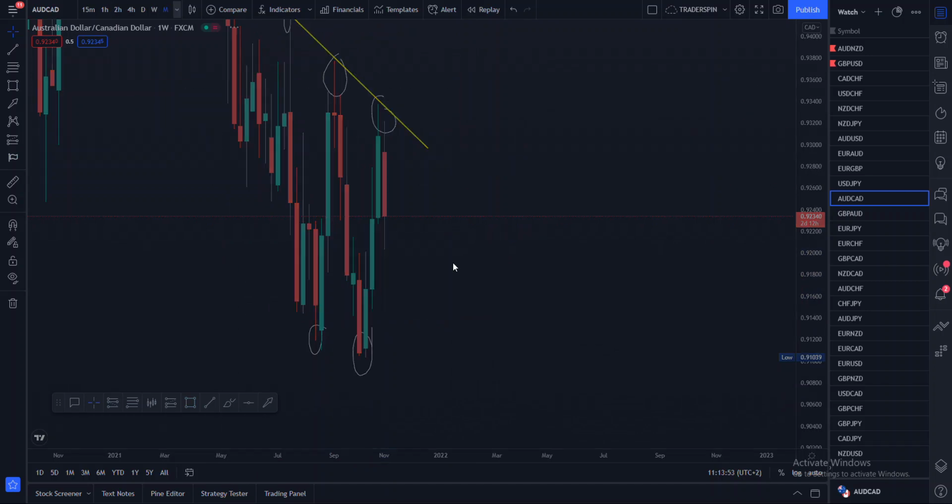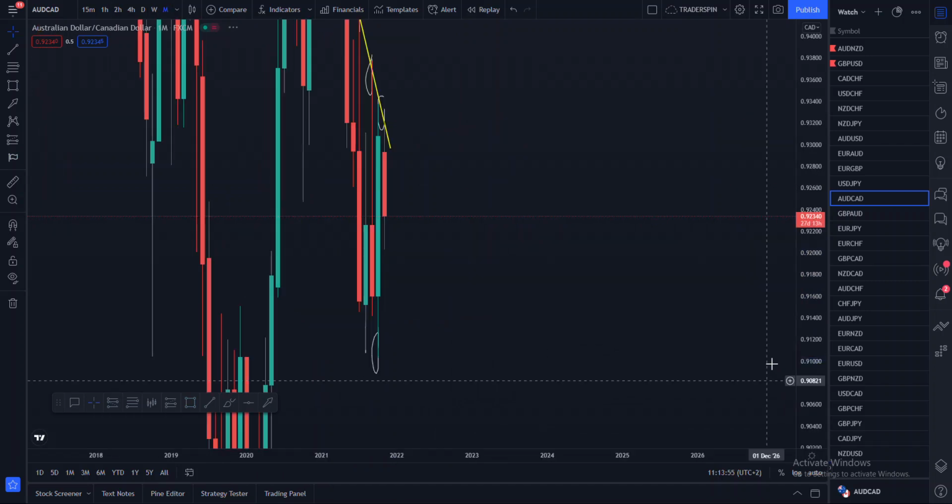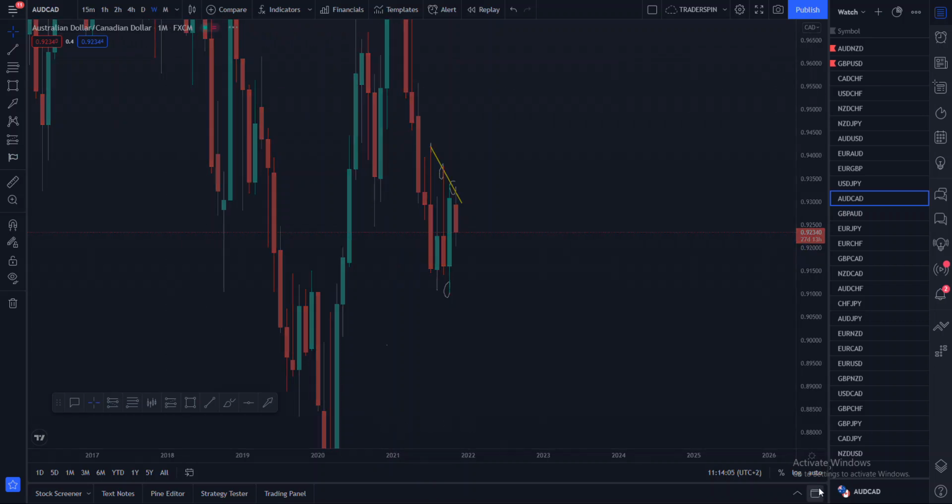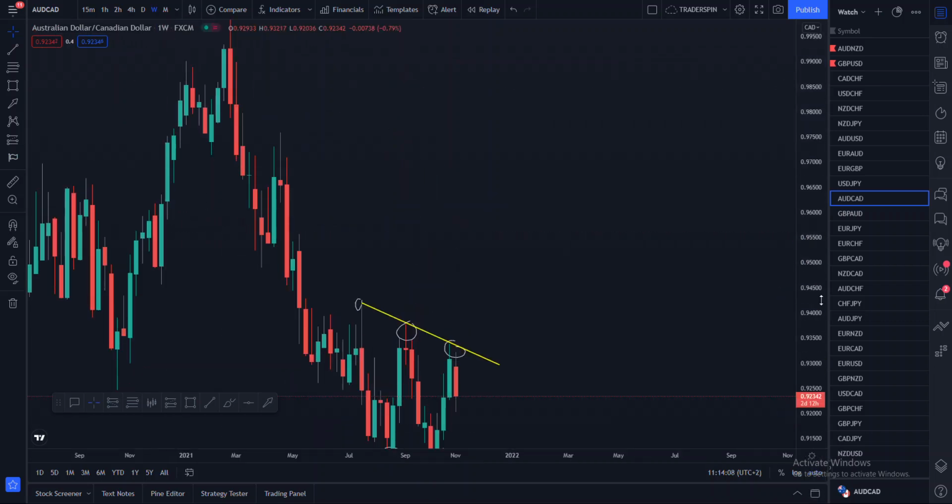So we go over to our monthly and see, and yes, we can see that price is actually on my order block on my monthly time frame on this bullish candle.